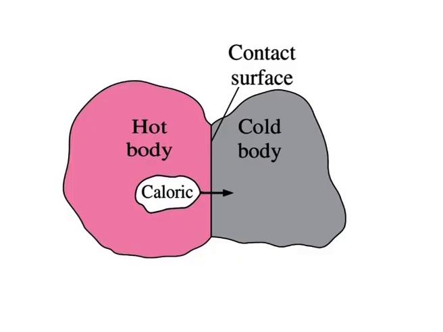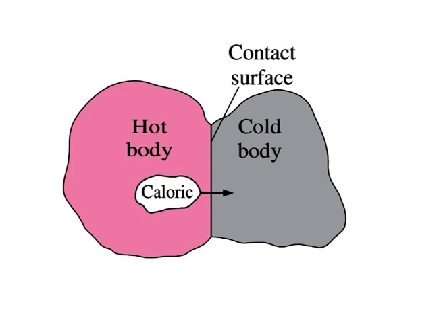The caloric theory asserts that heat is a fluid-like substance called the caloric, that is, a massless, colorless, odorless and tasteless substance that can be poured from one body into another. When caloric was added to a body, its temperature increased, and when caloric was removed from a body, its temperature decreased.